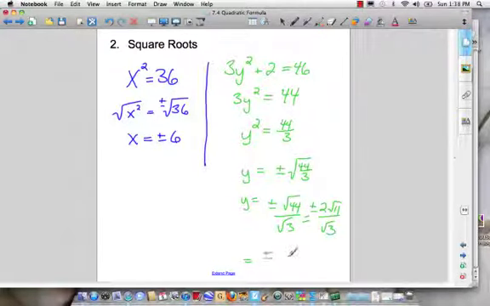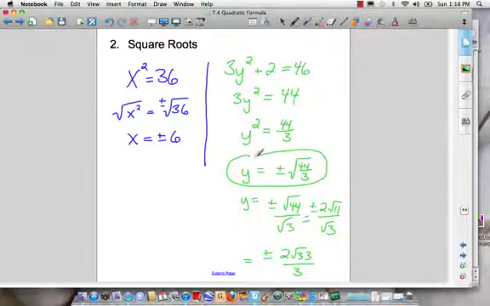So if you multiplied by root 3 over root 3, you'd have 2 root 33 over 3. Alright, that was kind of tricky. Again, as far as I'm concerned at this point, you should follow me up until there, and the rest is gravy. If you understand that, that's great.